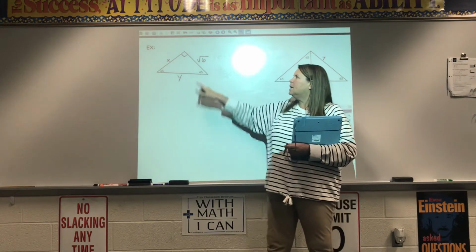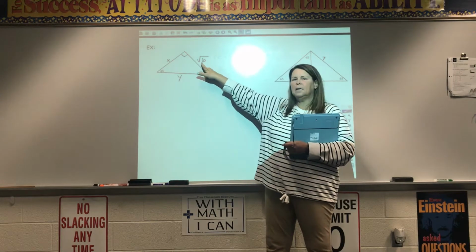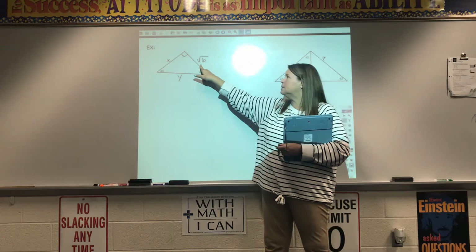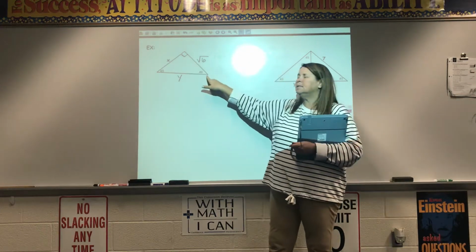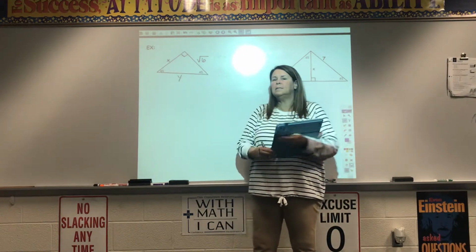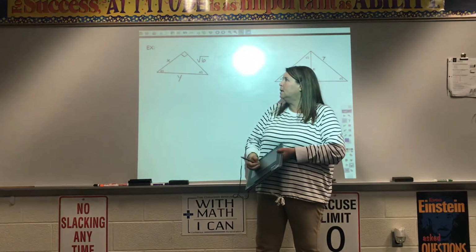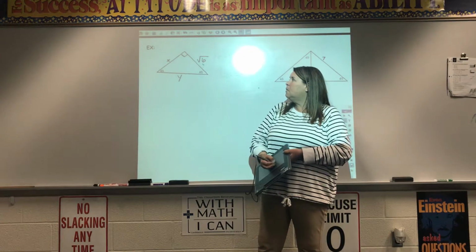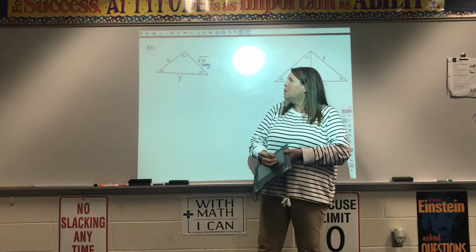So I start out by knowing this side is the square root of 6. That's because that is a leg. That means automatically, since x is our other leg, this leg will equal this leg.